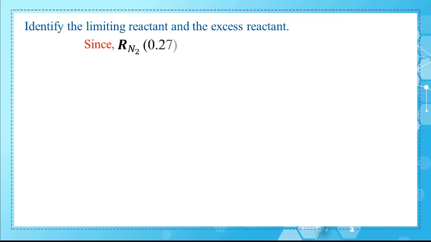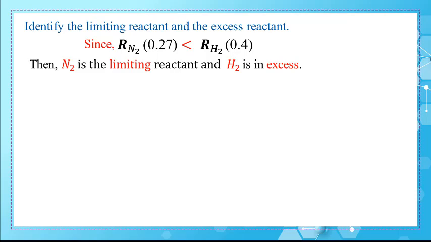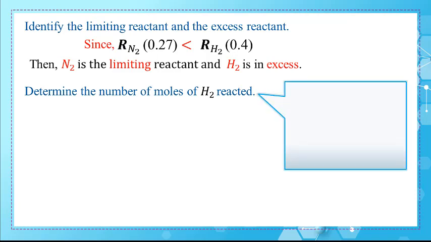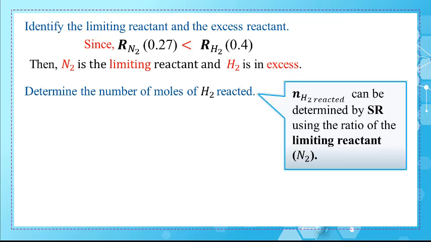Let's identify the limiting reactant and the excess reactant. Since the ratio of N2 is less than the ratio of H2, then N2 is the limiting reactant and H2 is in excess. Let's determine the number of moles of H2 reacted. The number of moles of H2 reacted can be determined by stoichiometric ratios using the ratio of the limiting reactant N2.